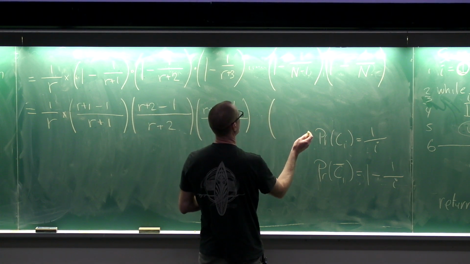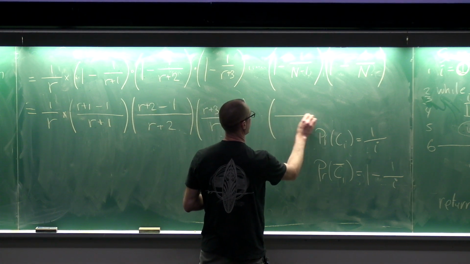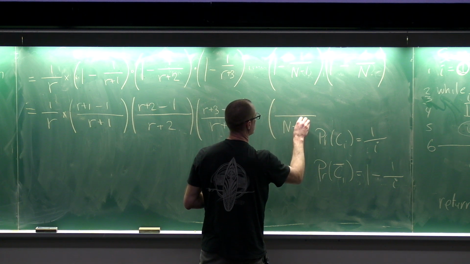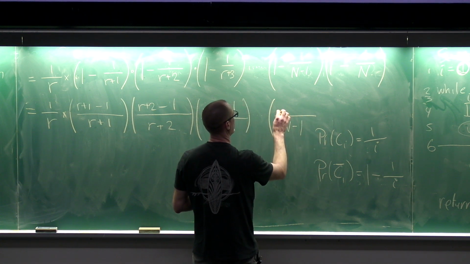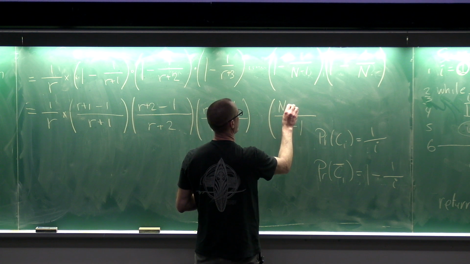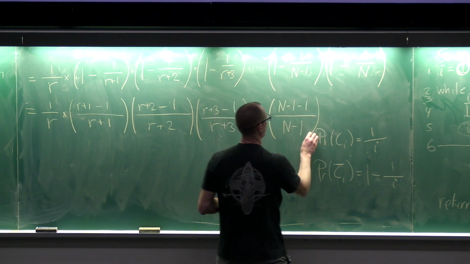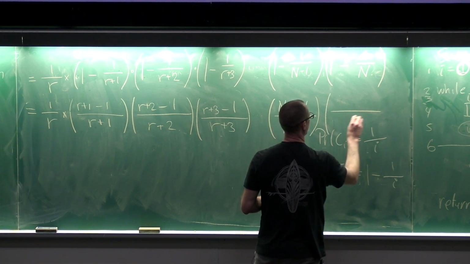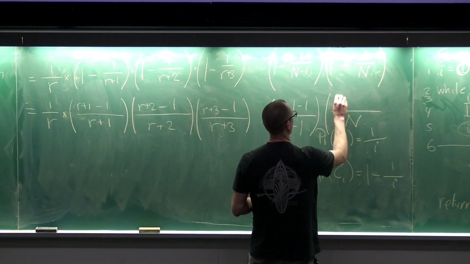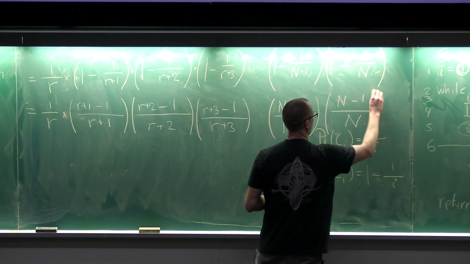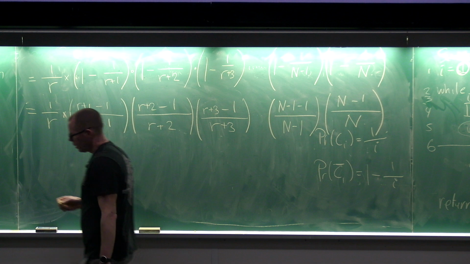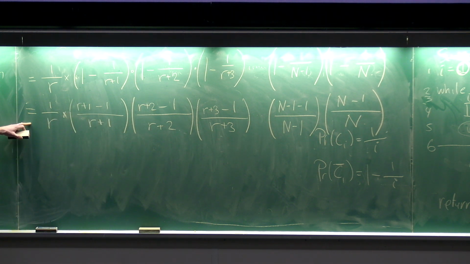And we keep going. And here we're going to have an n minus 1. And we'll have an n minus 1 minus 1. And finally, n and an n minus 1.